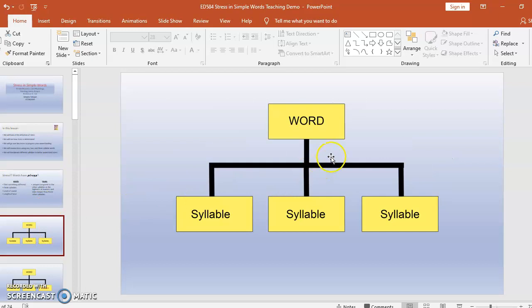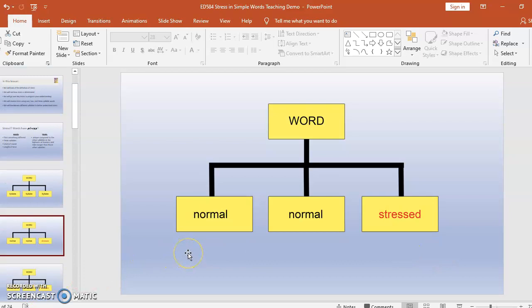Okay. So for my visual learners, this is a chart for us to see what I'm talking about here. You have the word, and a word is broken down into 3 syllables. Now, one of those syllables would be stressed.